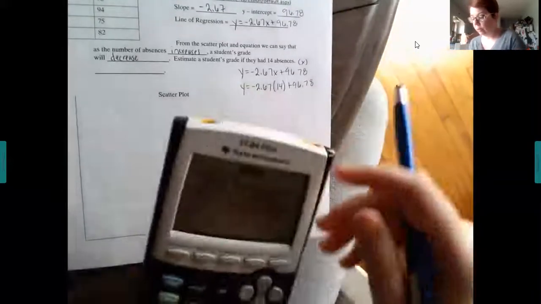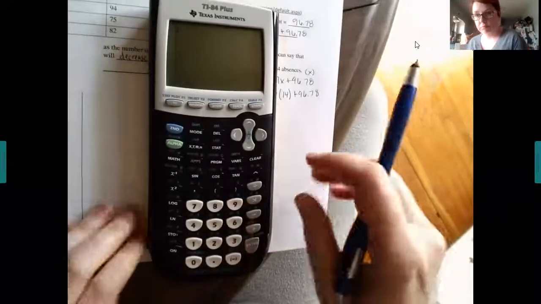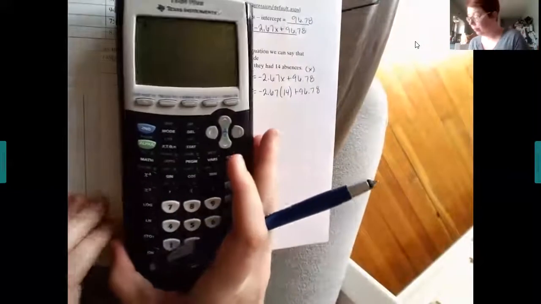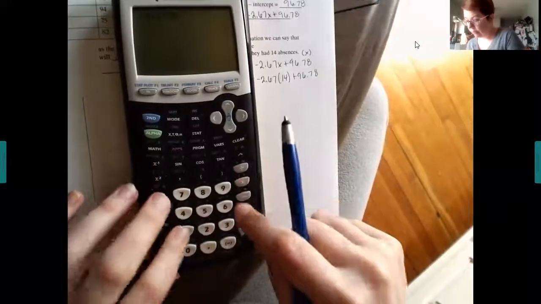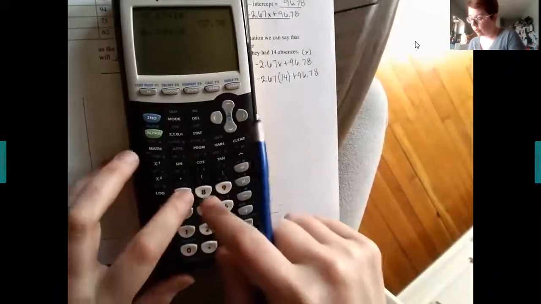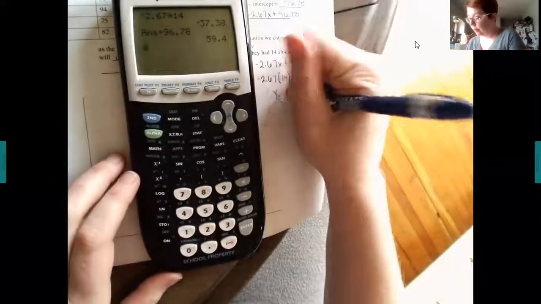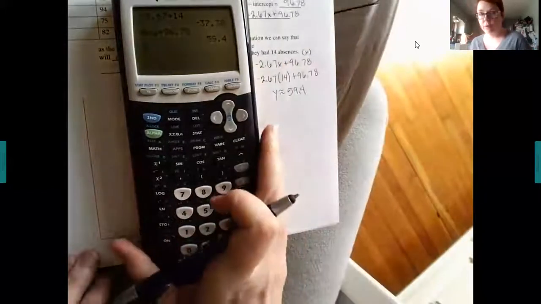So getting up to 14 absences tells us that our grade's going to suck, right? So we're going to have negative 2.67 times 14, and then we're going to add in 96.78. So their grade will be approximately 59.4%.